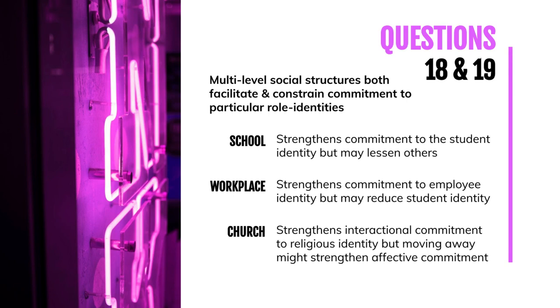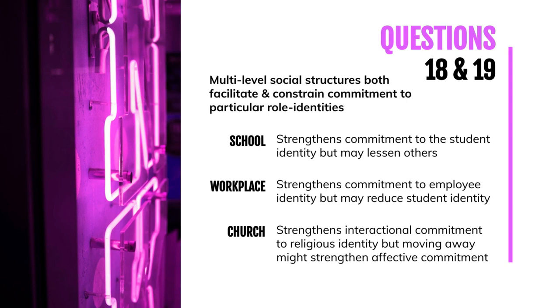And so, within a workplace that can facilitate and constrain your ability to invoke that identity. So, maybe when you're in the workplace, you don't have time to take a break and work on some of your schoolwork while you're at work. So, it's really constraining your ability to invoke that student identity. And then, like at church, I thought was a good example. It can strengthen your interactional commitment to religious identity.